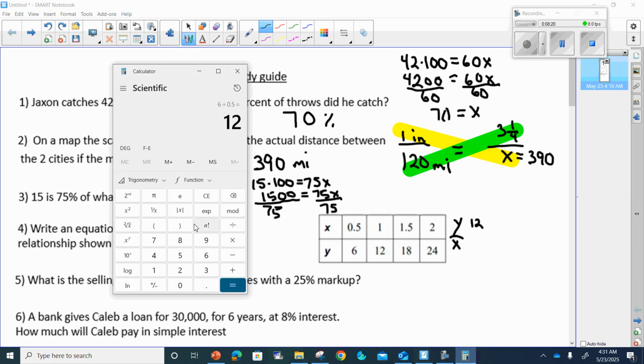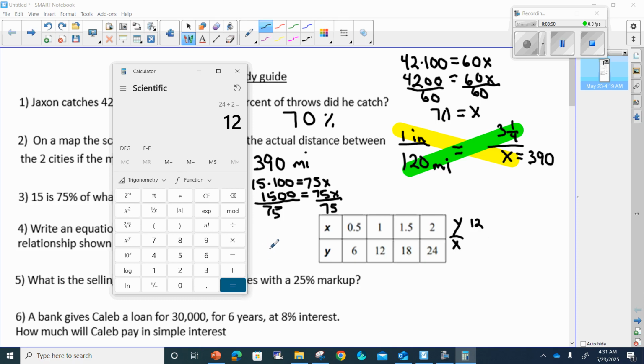Now, 12 divided by 1. That's an easy one. We know that's going to be 12. Now, 18 divided by 1.5. That's also 12. And the last one, 24 divided by 2, equals 12 as well. That tells me this is a proportional relationship.